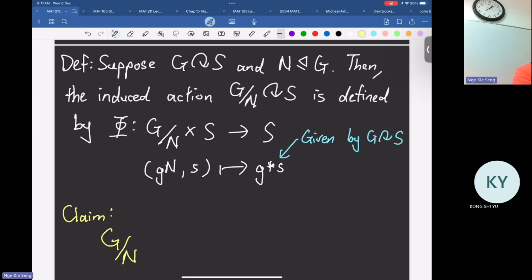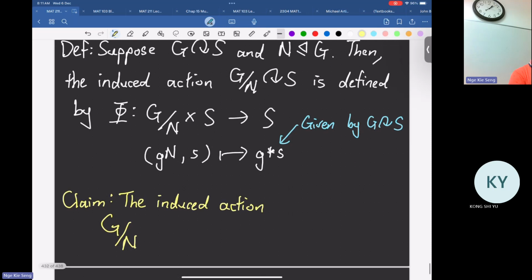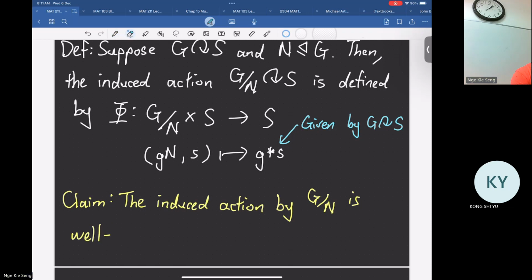Okay, let me phrase it this way. The induced action by G mod N is well defined. How about we phrase it the other way?